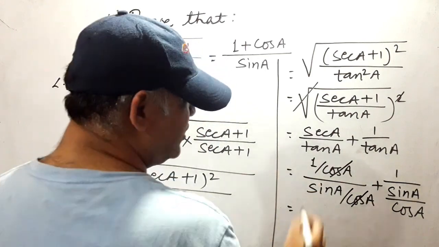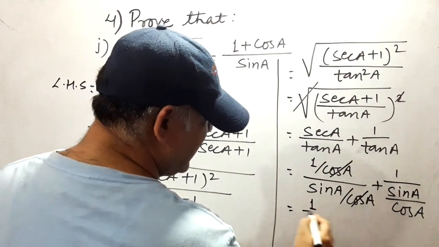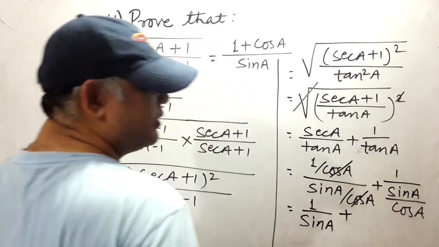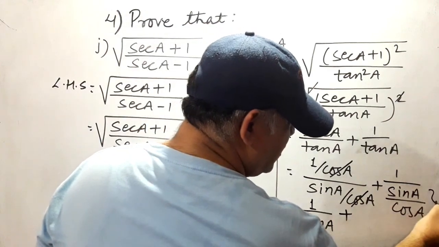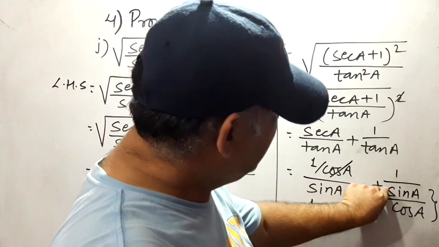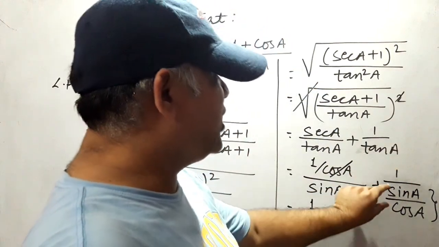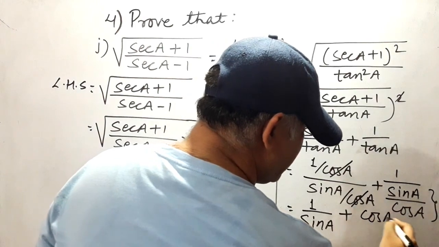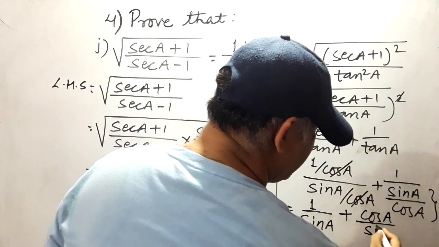The remaining terms are 1 by sin A plus, in this lower portion there is sin A by cos A, so when it goes up, it becomes cos A by sin A.